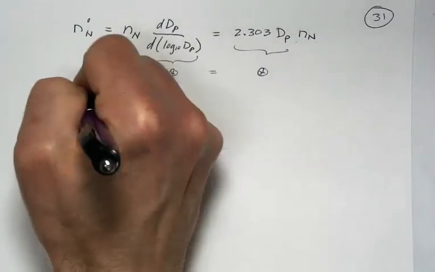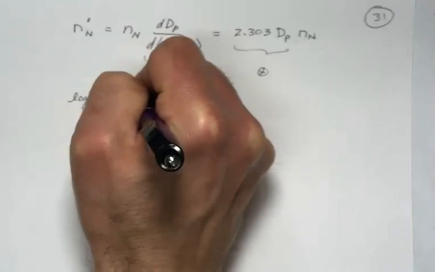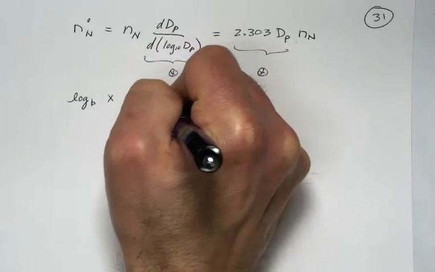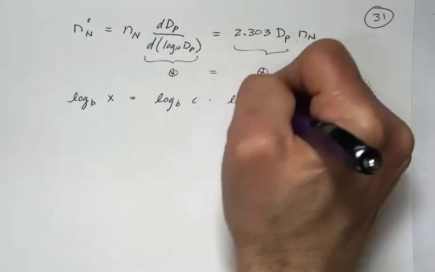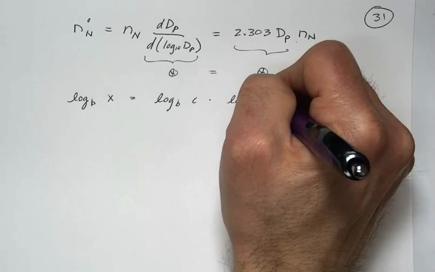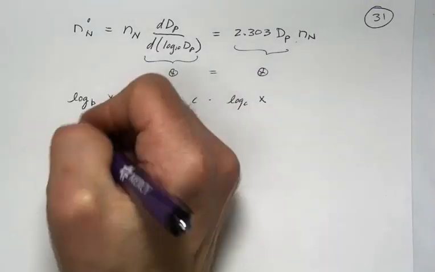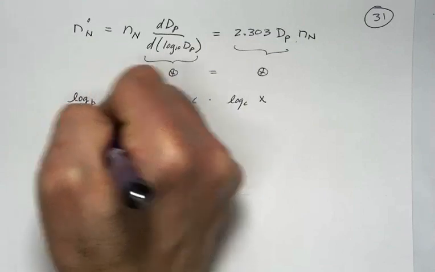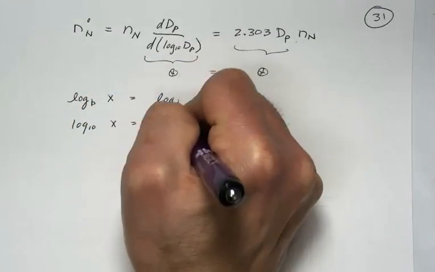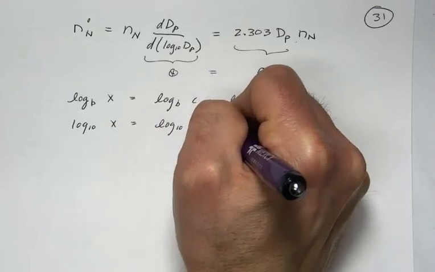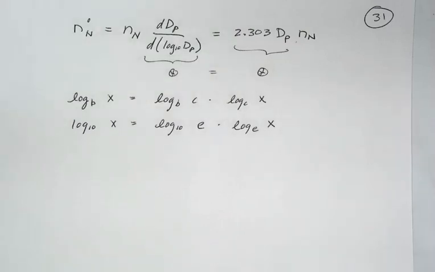We had that bit of review that the base b log of x is the base b log of c times the base c log of x, and that can be used to show that the base 10 log of x is equal to the base 10 log of e times the base e log of x.